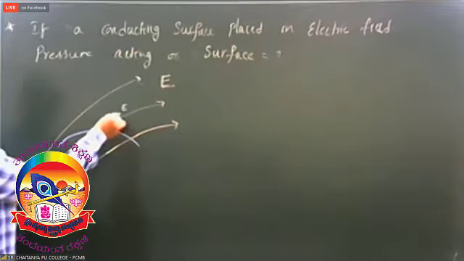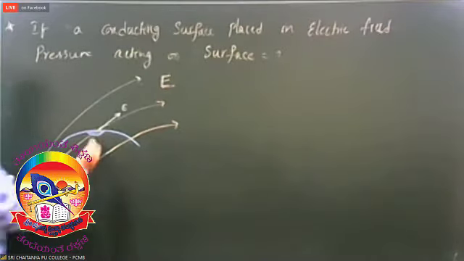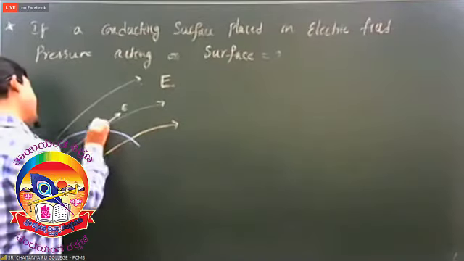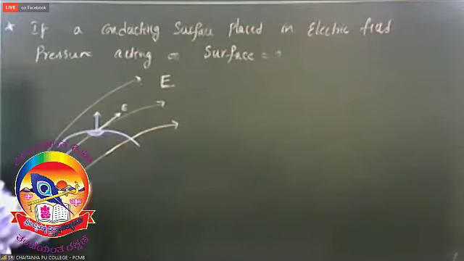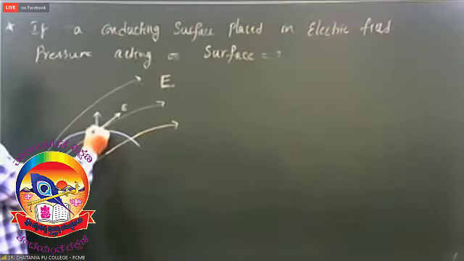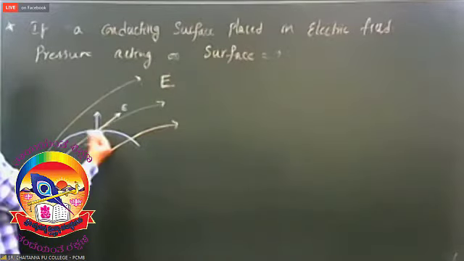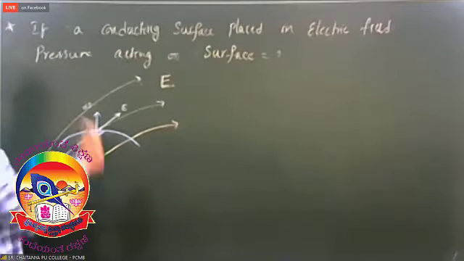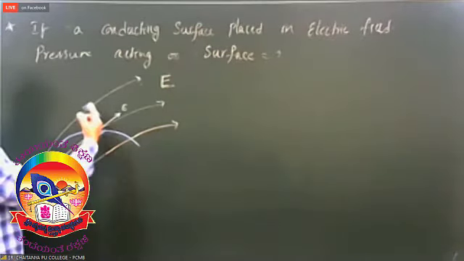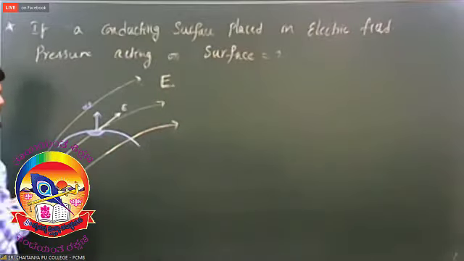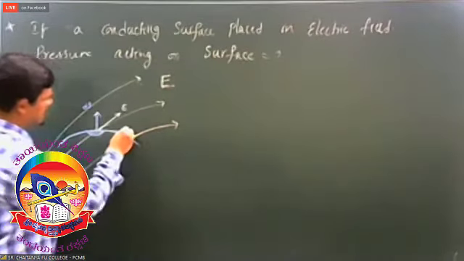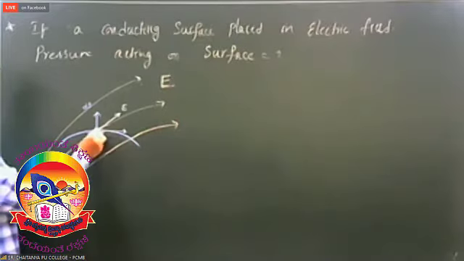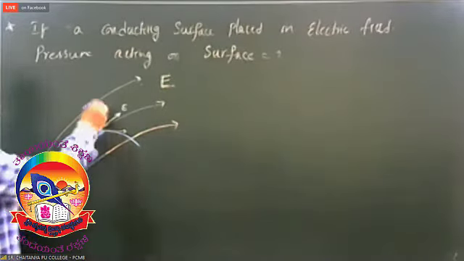See, if I resolve this E into two components, one is the component perpendicular to the plane, and D is also in this direction, and the other component is along the plane.